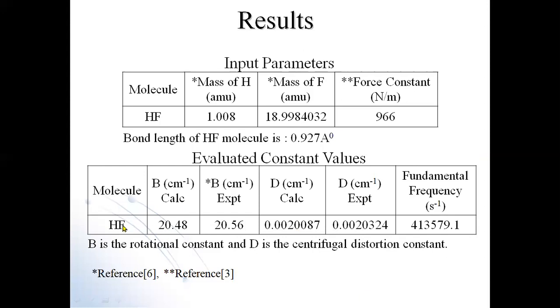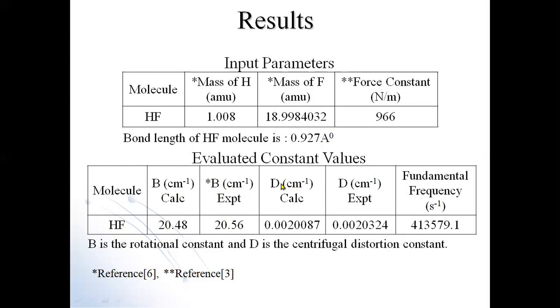So we have the HF molecule. We have calculated the rotational constant theoretically using the Schrodinger equation, and compared it with an experimental finding. Look at this: this is the result which we have computed, and this is the experimental finding.